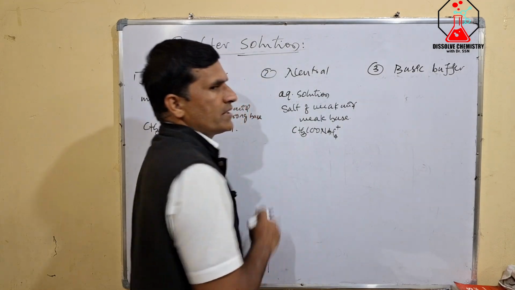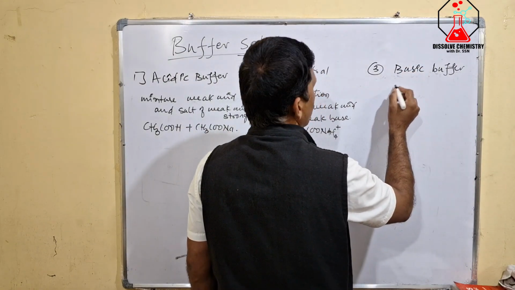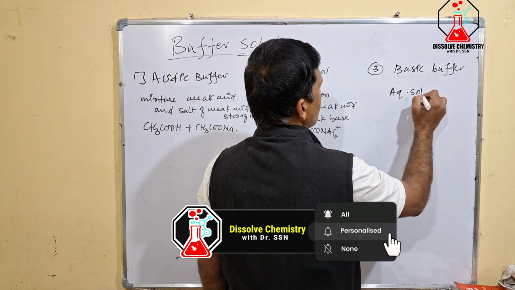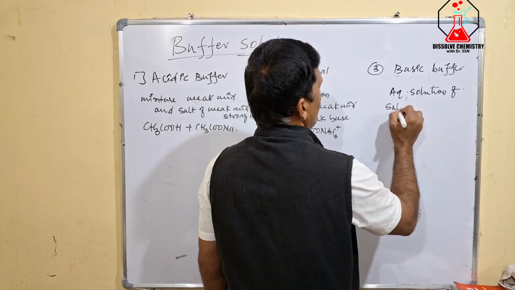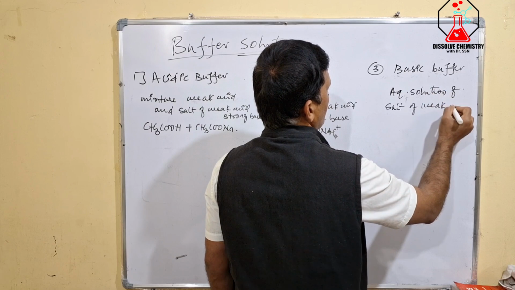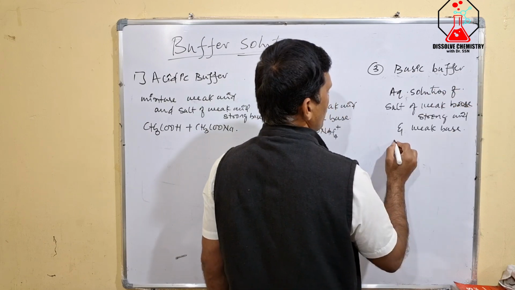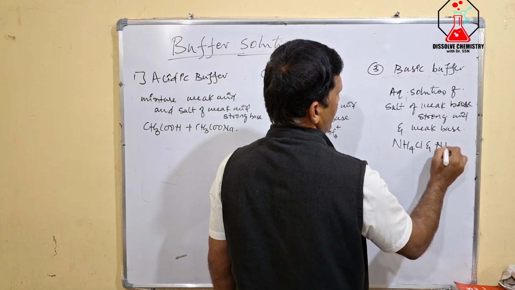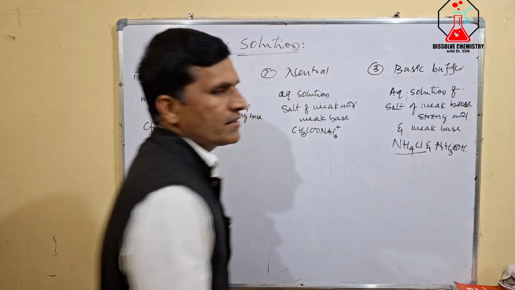So ammonium acetate will act as a neutral buffer. Now the basic buffer will be an aqueous solution of a weak base and a salt of weak base and strong acid. Example is ammonium hydroxide and ammonium chloride. Here ammonium hydroxide is the weak base and ammonium chloride is its salt.